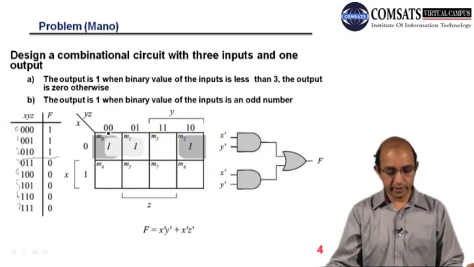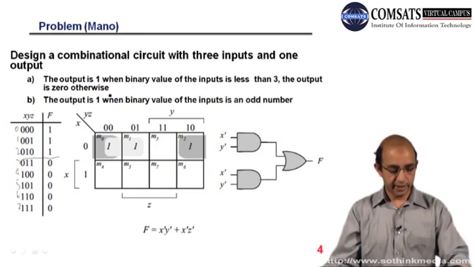Here you can see that Y bar will be eliminated and we are left with Z bar. If we talk about the other pair, here Z bar is eliminated and we are left with X bar, Y bar. So this is the F if we have this statement.